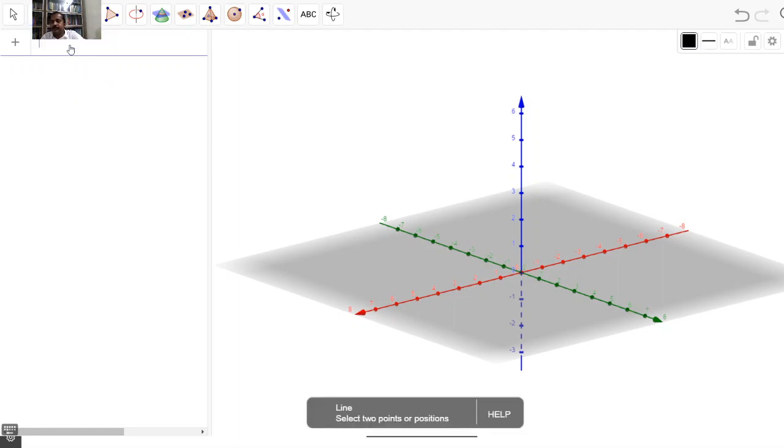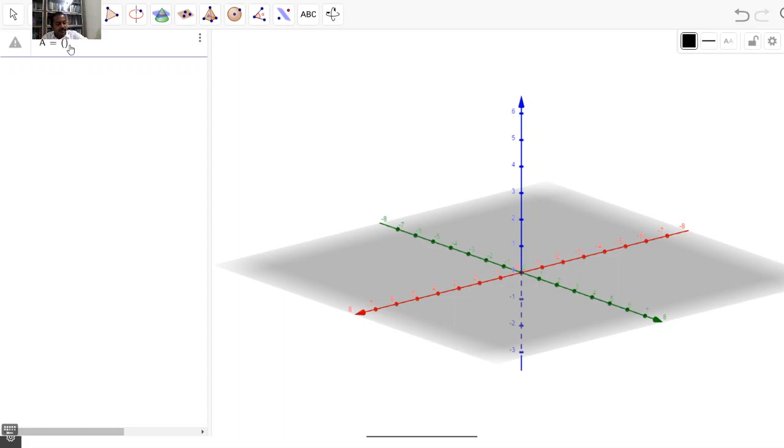A is equal to our first point, (-3, 2, -3), and B is (1, -1, 4).